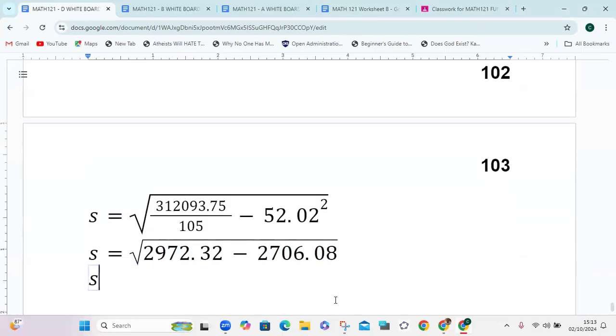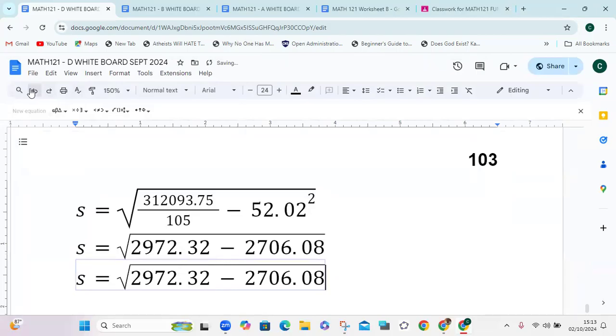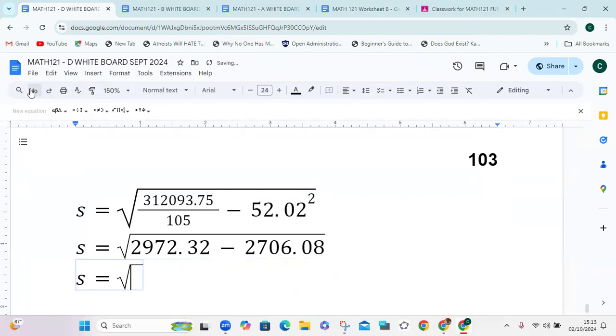and the standard deviation will be the square root of the variance. 266.24.